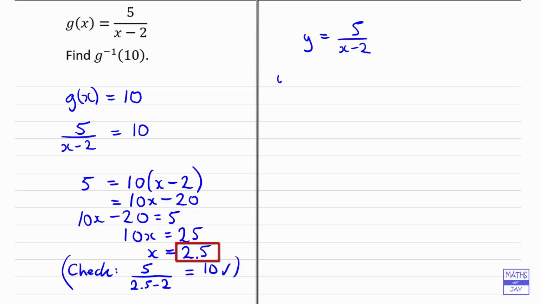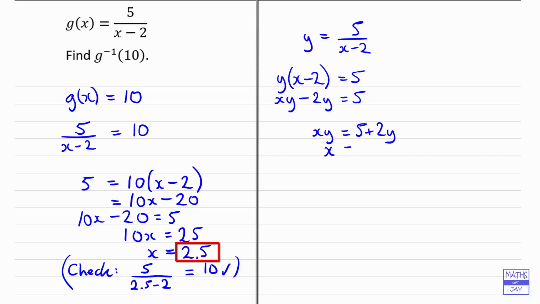So you can see the working that we're doing here is very similar to the working we did earlier on. So we're multiplying both sides by x minus 2. Now we're multiplying by the y, so xy minus 2y is 5. And what we're doing here is we're trying to make x the subject. So we've got that xy is equal to 5 plus 2y.